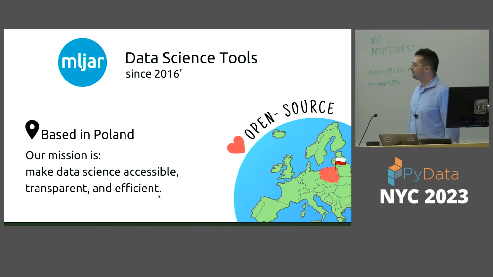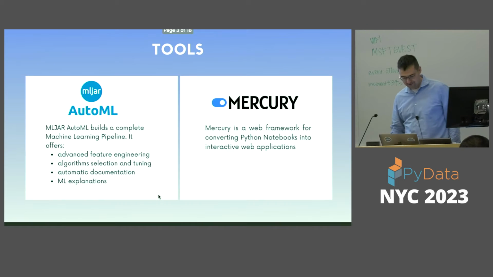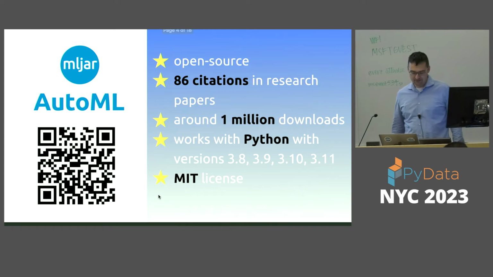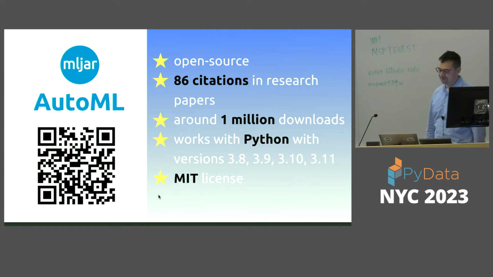So with Alexandra we are running a company called MLJAR and we are working on data science tools, and our tools are open source. We have two main tools. The first one is AutoML, the second is Mercury. Our AutoML is open source, on MIT license, and it has around 1 million downloads.